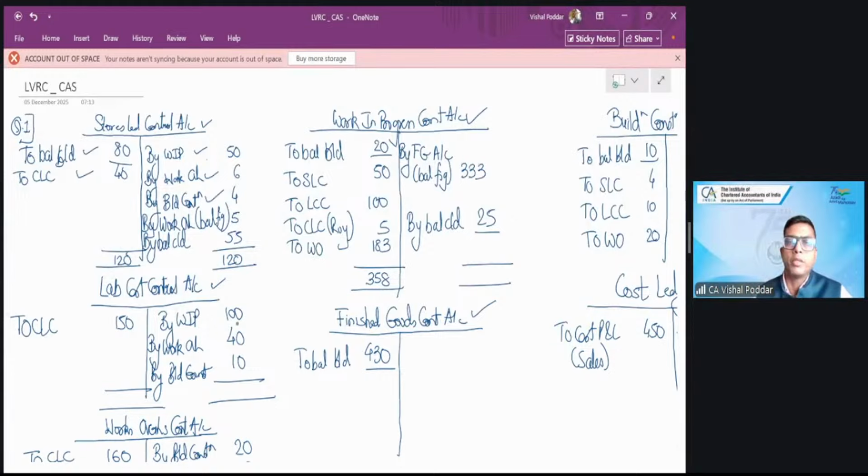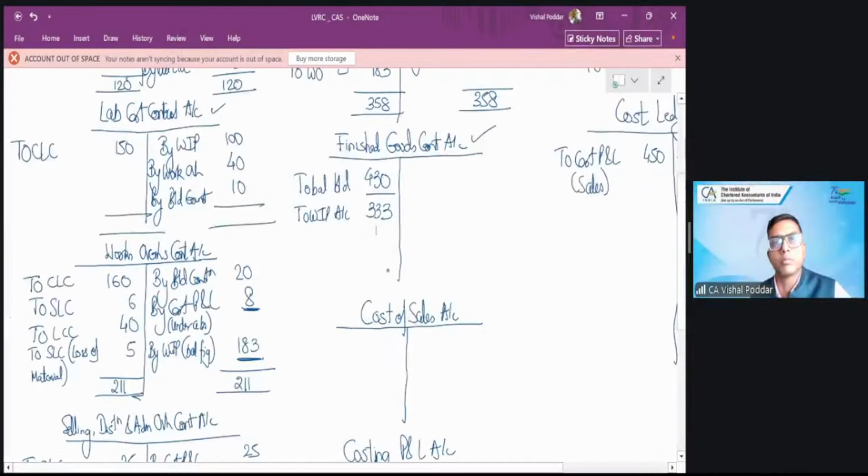So the balancing figure I'm getting, students, is 333, which will be transferred here. Correct?